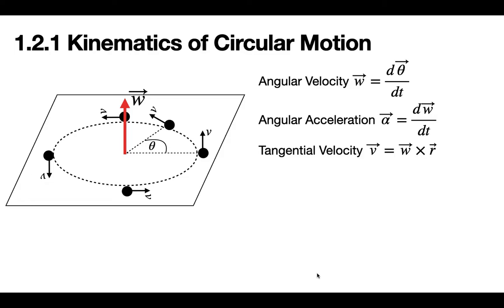Now, since it completes one rotation, it covered a distance of 2 pi r, which is the circumference of the circle. So you can define the linear velocity v as equal to 2 pi r divided by 1 second, because it's covered in 1 second. So the linear velocity will be 2 pi r. But we just calculated the angular velocity is 2 pi. So v is equal to 2 pi into r, which is nothing but omega into r. That's how the tangential velocity is equal to omega into r.